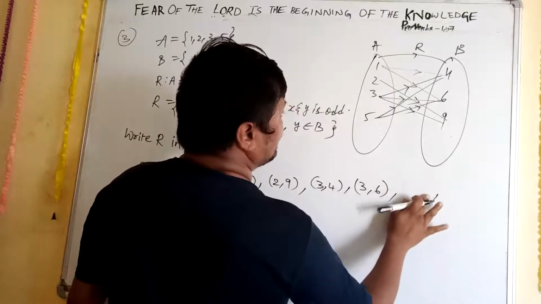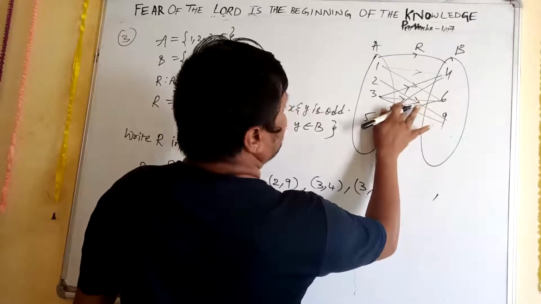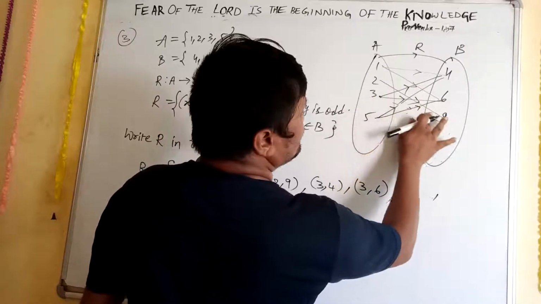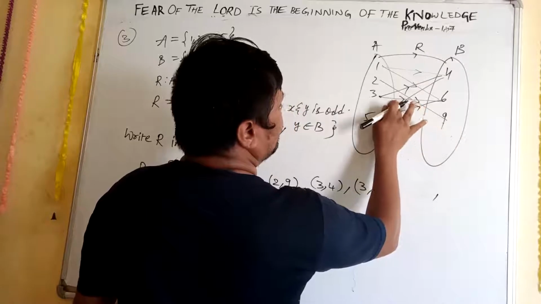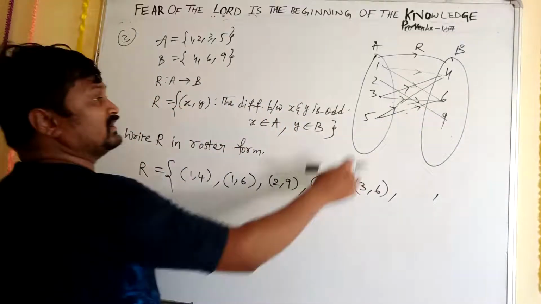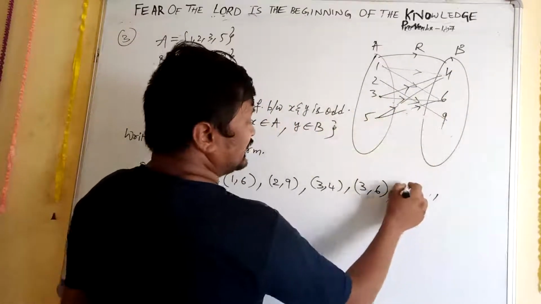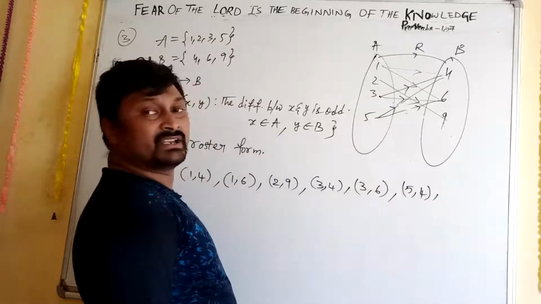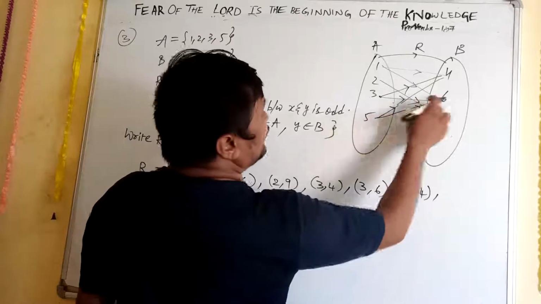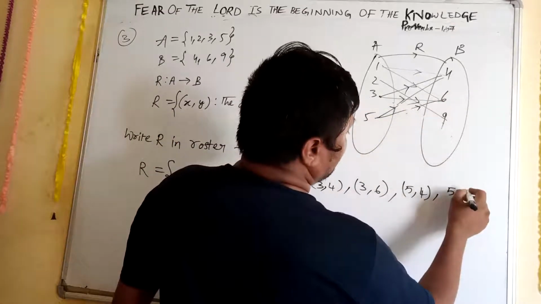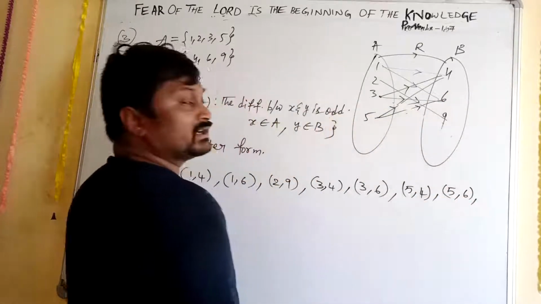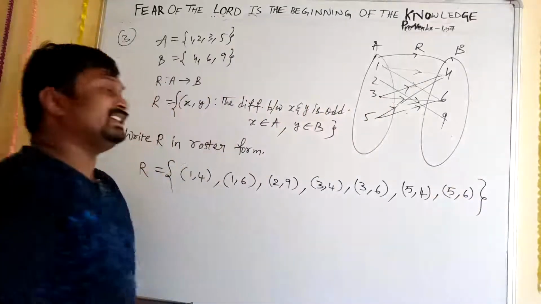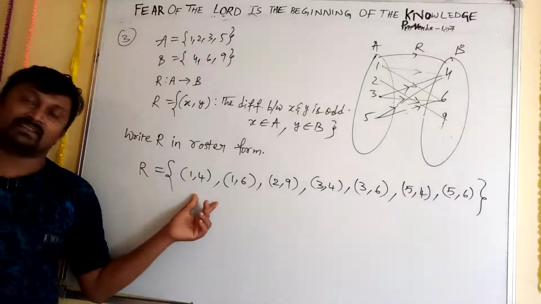The relation (3, 9) is not there, because the difference is not an odd number. Next, 5 minus 4 is 1, it is possible, an odd number. Next, 5 minus 6, there also you get an odd number. So these many relations are there.